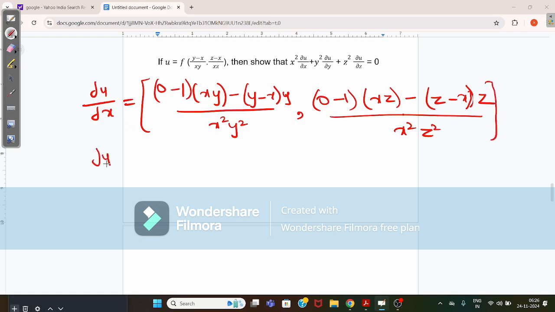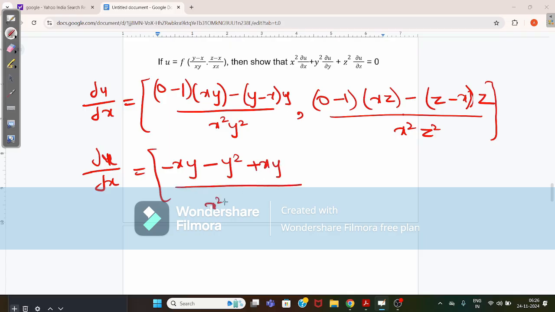So this value gives dou u by dou x the value here minus (xy minus y square plus xy) by x square y square, comma, minus (xz minus z square plus xz) by x square z square.